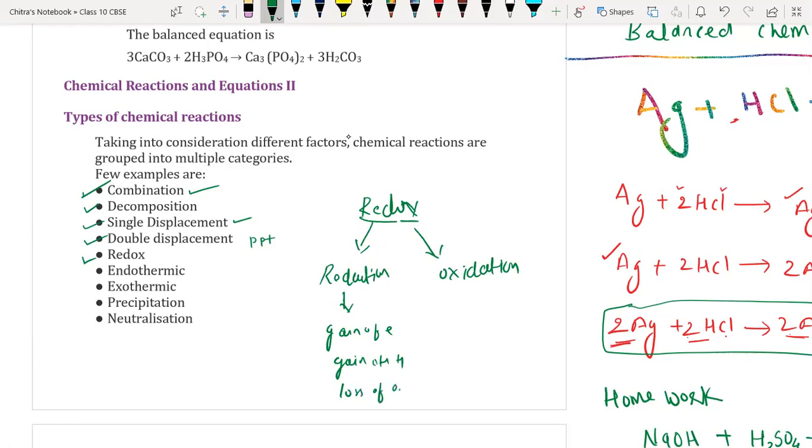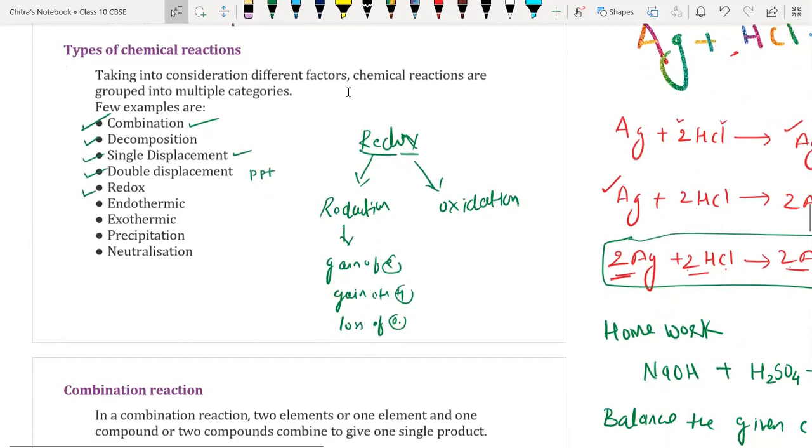In all three cases, if any one takes place, it is reduction. We have one more, but I think you will study it in the next class, but I'm going to write over here: decrease in oxidation state, the fourth condition.